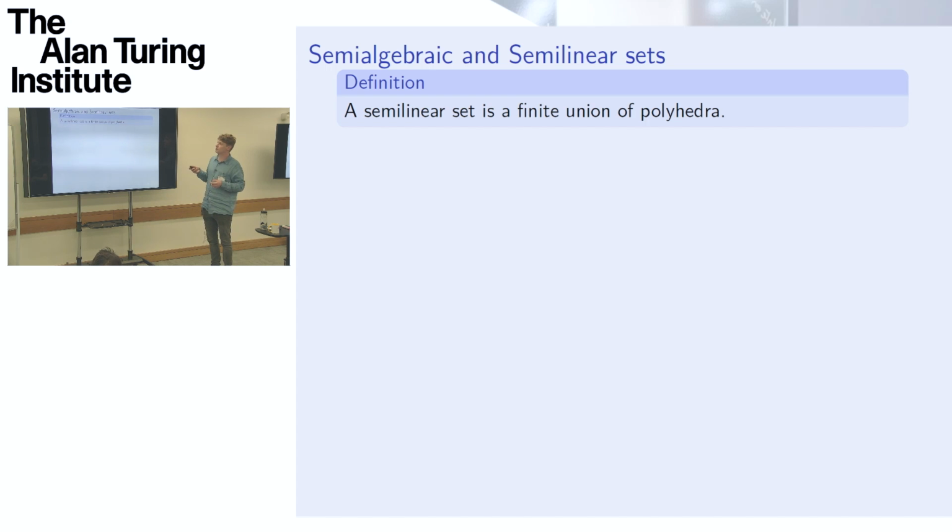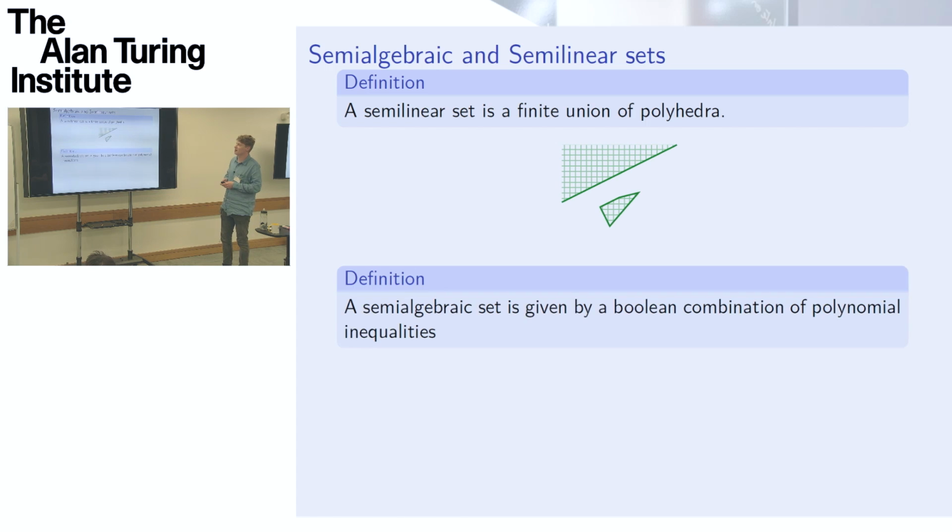First, a semilinear set is a finite union of polyhedra. So this is a semilinear set. Any sharp-shaped set is a semilinear set. And then a semialgebraic set is given by a Boolean combination of polynomial inequalities on the coordinates.